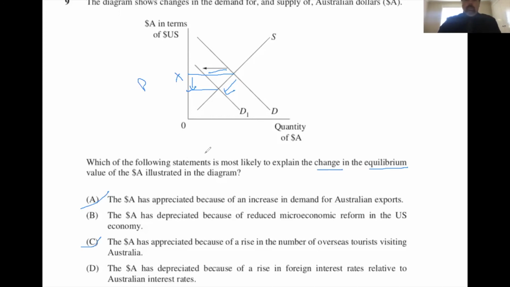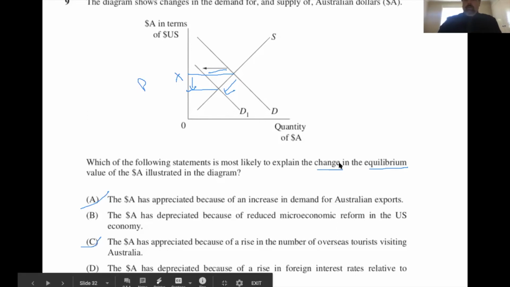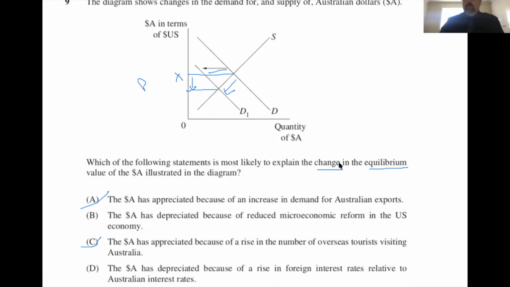All right, so once we've done that, then we have a look at our other options. So B says it has depreciated because of reduced microeconomic reform in the US economy, or D, that the Australian dollar has depreciated because of a rise in foreign interest rates relative to the Australian interest rates. So what have you learned about demand factors in the exchange rate?